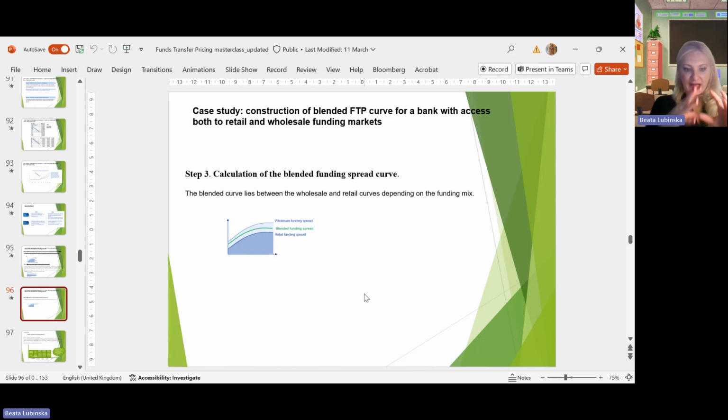The point was, okay, Beata, today you are telling me how much it costs me to fund a 5 year asset. But I am funding it today, and over the life of these 5 years a lot can change in my funding strategy, and I would like to reflect that.